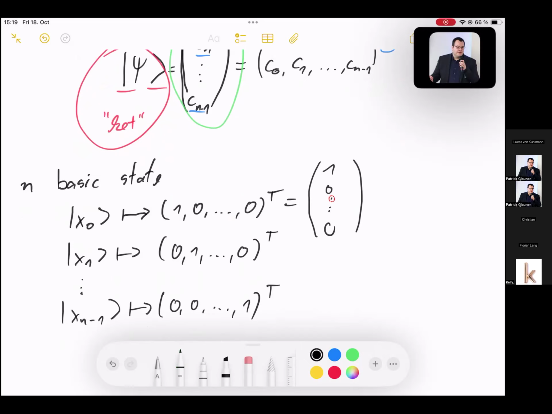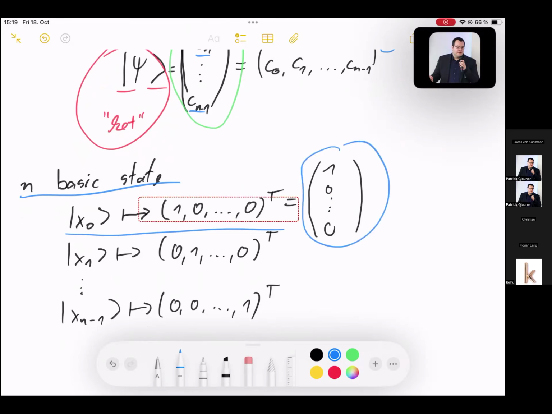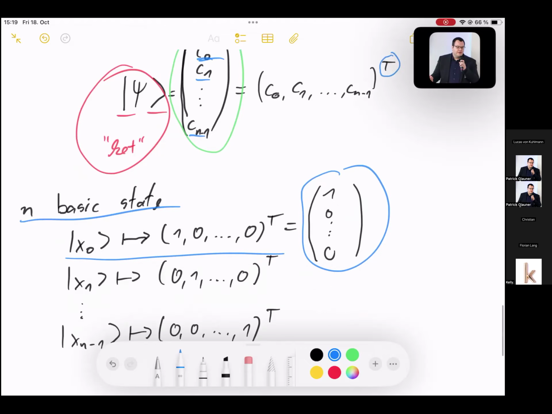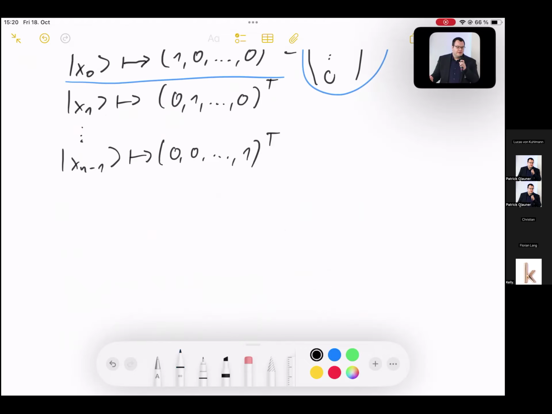So we have the basic states, and the first basic state, x0 ket, we can obviously write as a column vector. And now we can go back to our psi ket and try to describe it as a linear combination of these complex numbers as well as the basic states. So I'll continue with this down here.